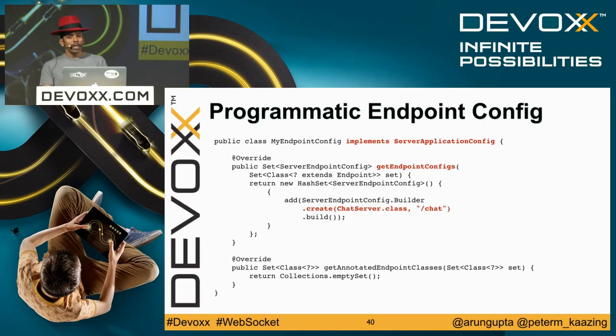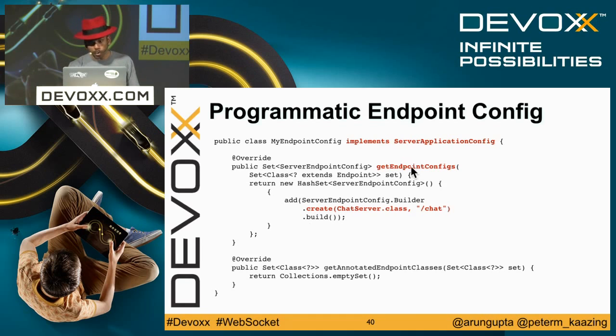Now, in terms of a programmatic endpoint, you need a little bit more details because remember we have not specified the URI so far. So in that case, you need 2 classes. One is the programmatic endpoint itself. The other one is called a server application config, where you define what the endpoint configuration would look like.